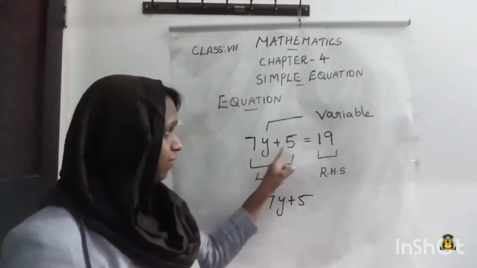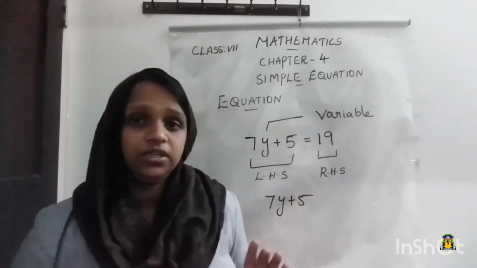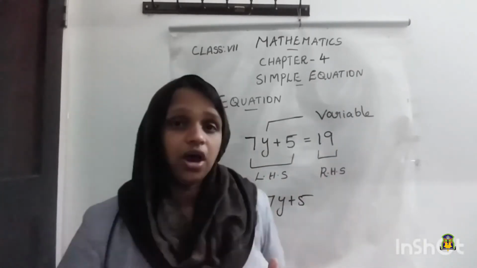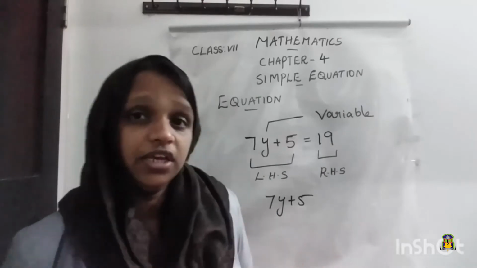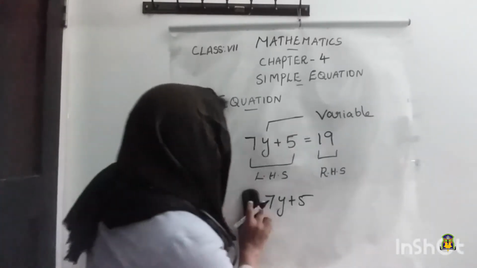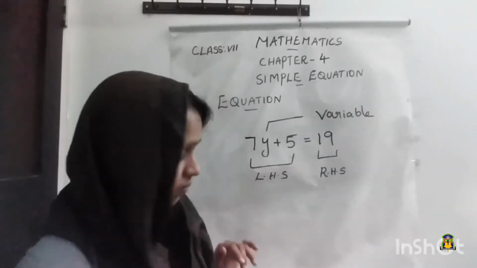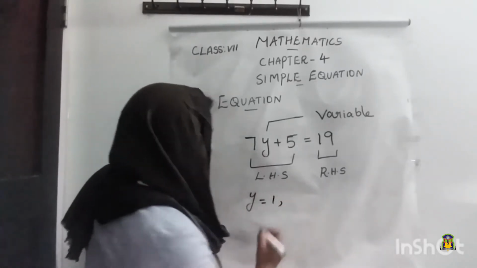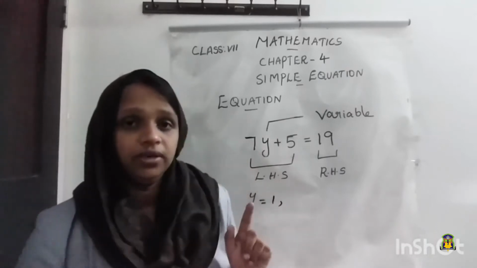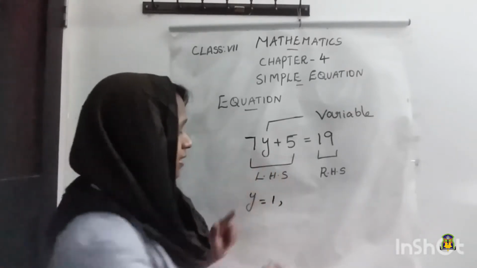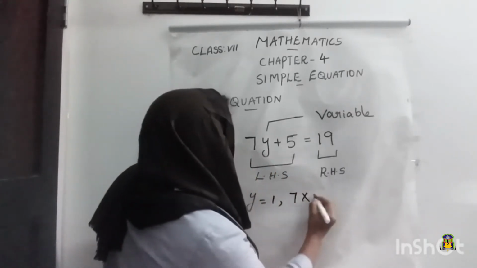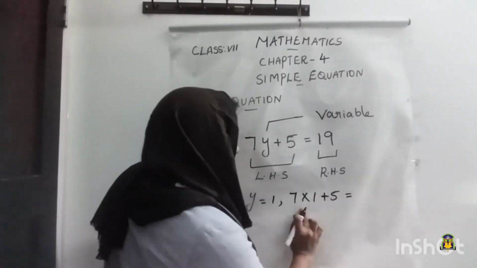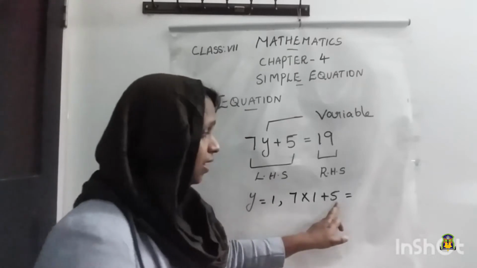Here 7y + 5 = 19 is an equation, and LHS equals RHS. Now, suppose y is equal to 1. If I give y = 1, the LHS changes to 7 into 1 plus 5, that is 7 plus 5.